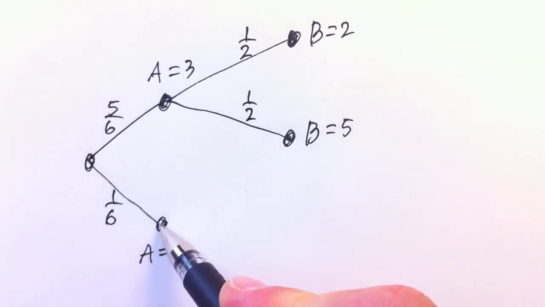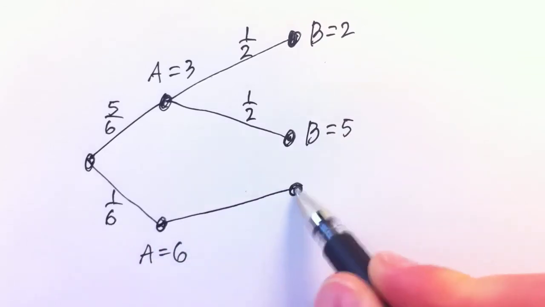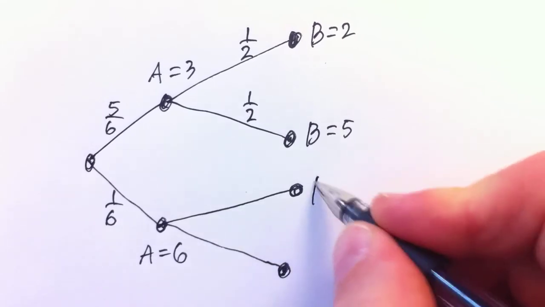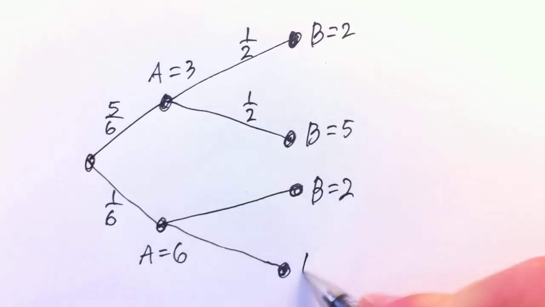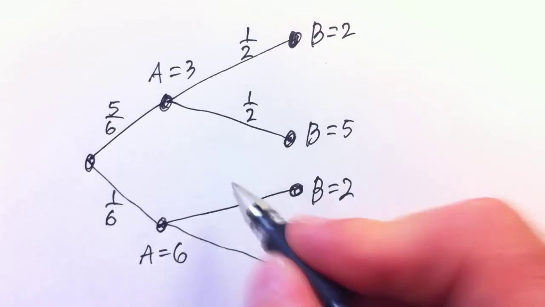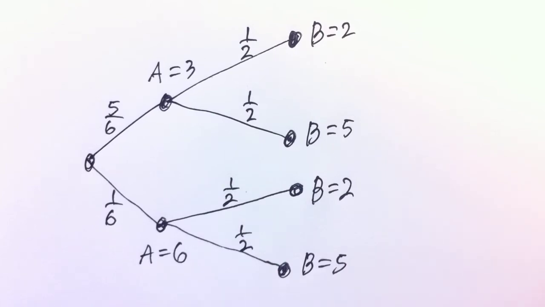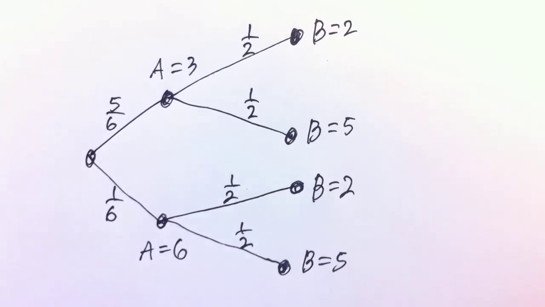Same thing here. If we follow up on the outcome that A is equal to 6 and roll die B, it will be 2 and 5 with 50-50 chance of occurring, so that's 1/2 probability each. And now we've drawn a tree diagram whereby it describes all outcomes of this experiment.